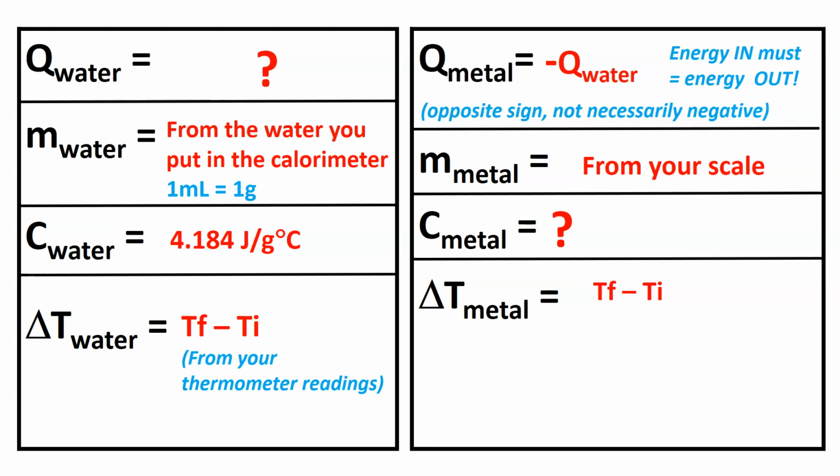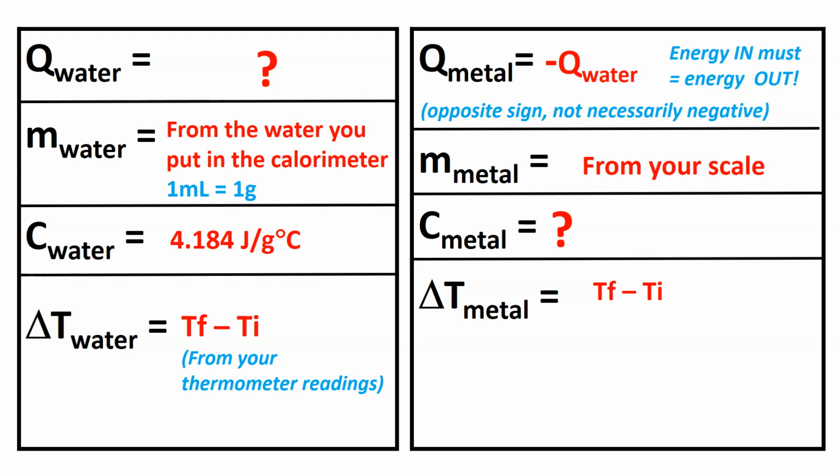Realize your final temperature will be the same as your water's final temp, because we're going to be patient and let them equilibrate. So they will end at the same temperature. Now, because for this lab we put the metal into boiling water, we know what temperature water boils at, don't we? Water boils at 100.